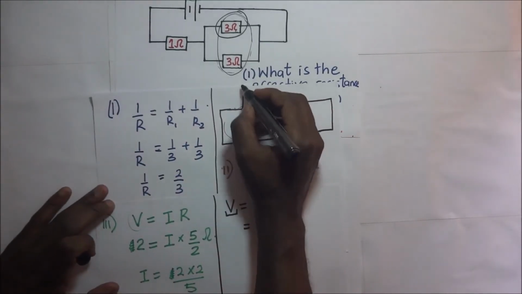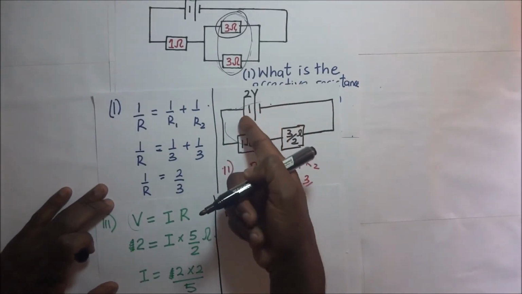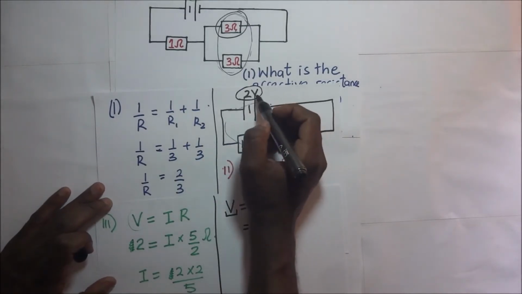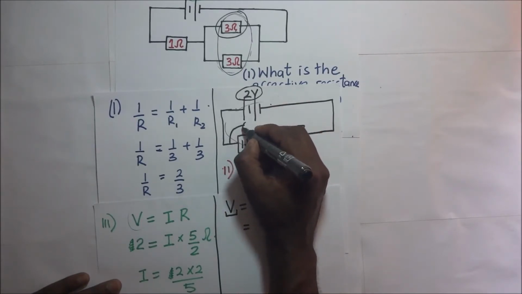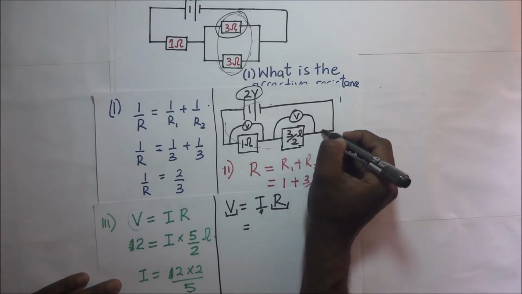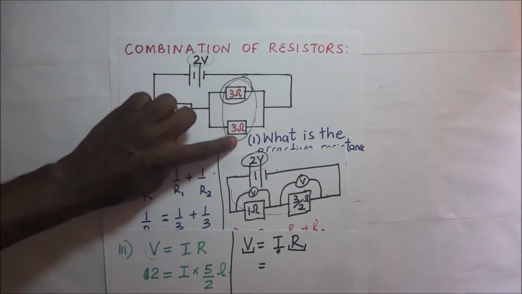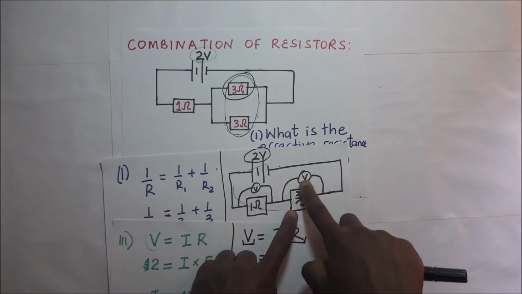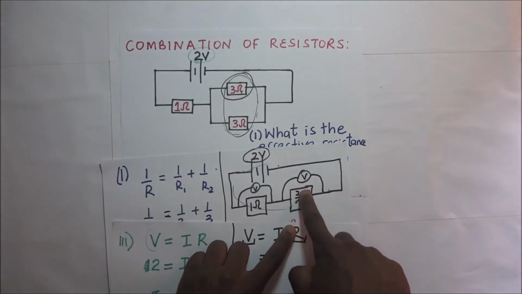Right here we are having 2 volts. This is the total voltage across the cell, and it is the voltage being distributed in the whole circuit. This 2 volts is equivalent to the voltage across there plus the voltage across right there. So for us to find the voltage across the 3 ohm resistor, we need to know the voltage across this combination, because this 3 ohm resistor is part of this parallel combination.